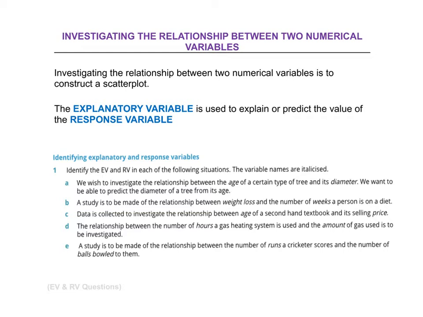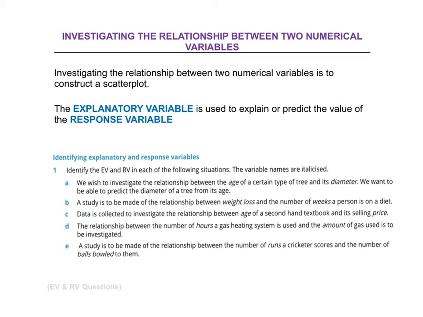And your height is also a number. So the two things that you are looking at are called variables. One is called the explanatory and one is called the response.